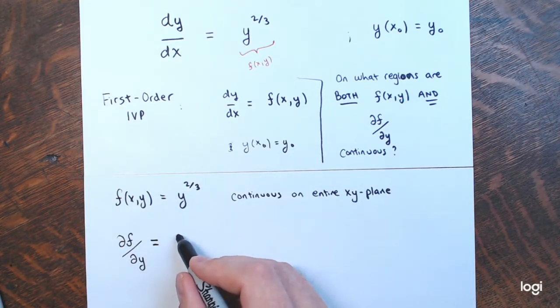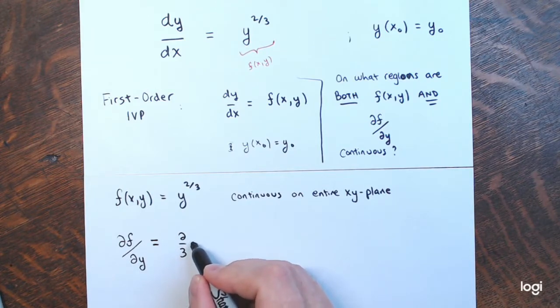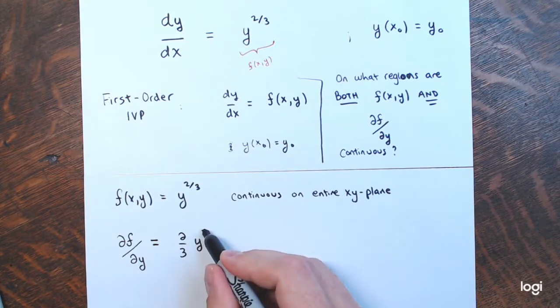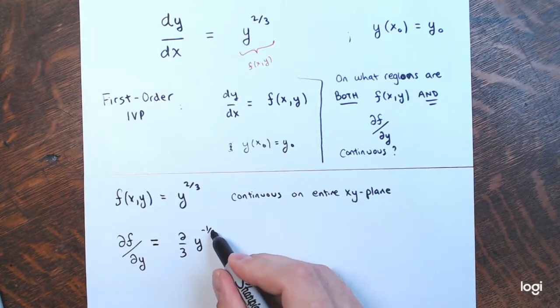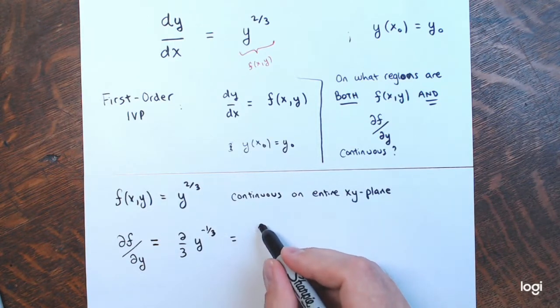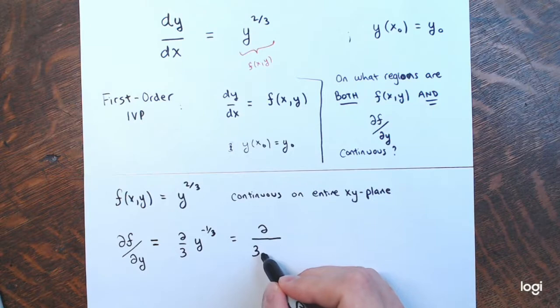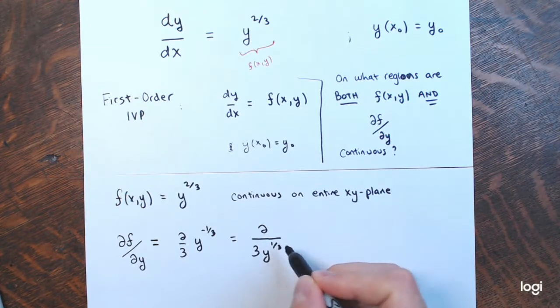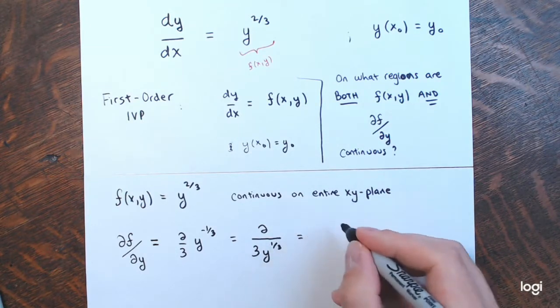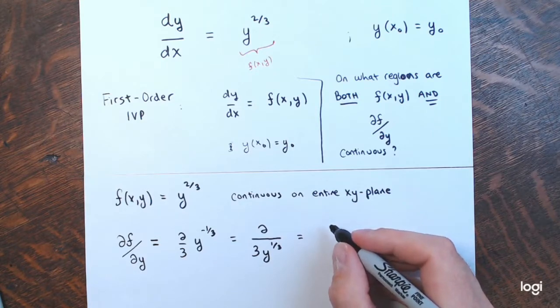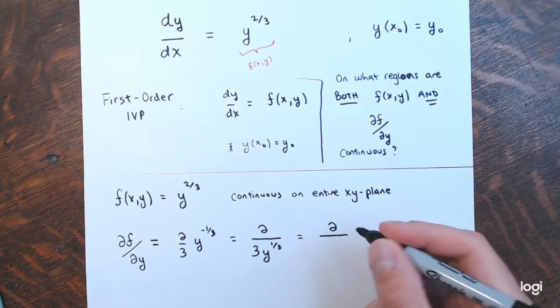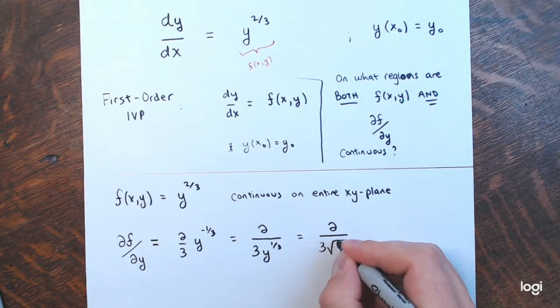So this would be 2/3 times y to the -1/3. Now you could also write this as 2/3 times y to the 1/3. You could also write this, if you like your radicals, this is 2/3 times the cube root of y.